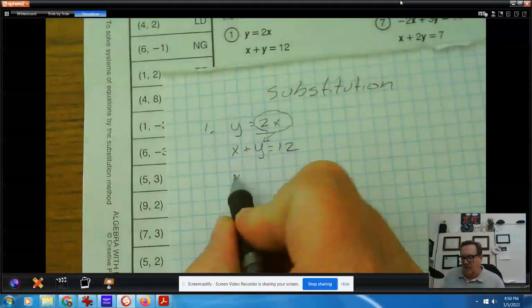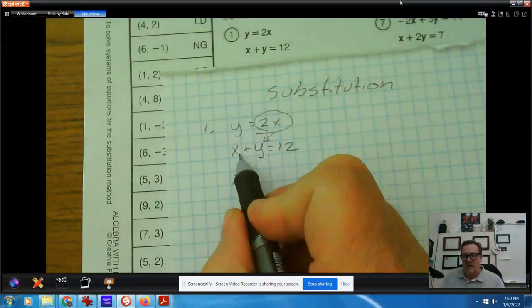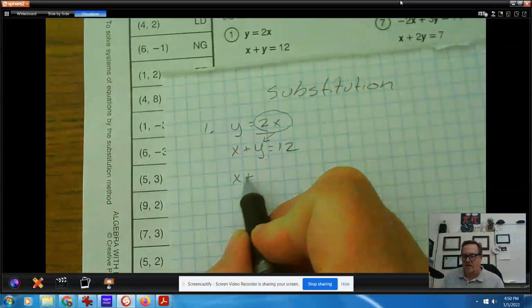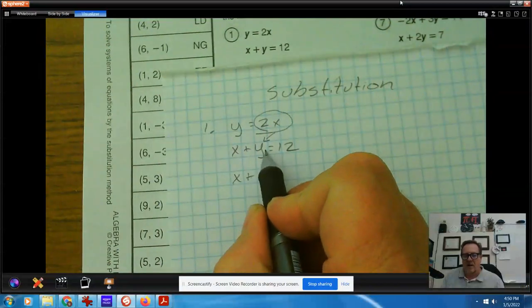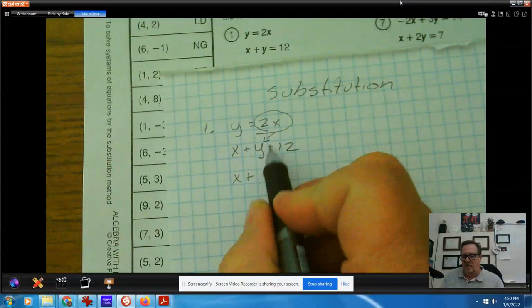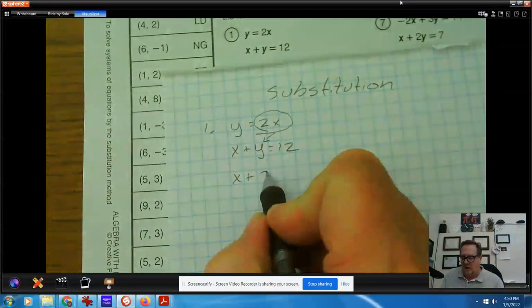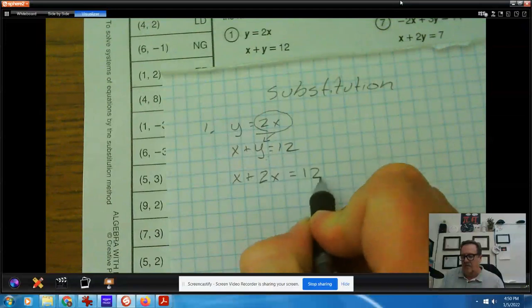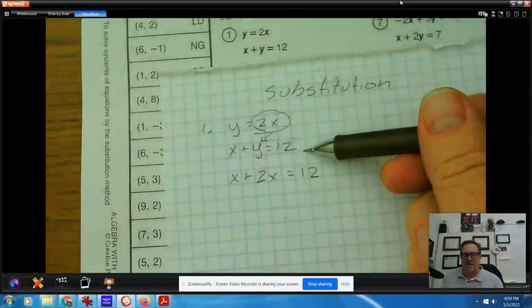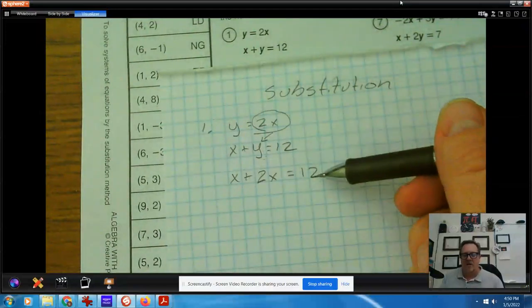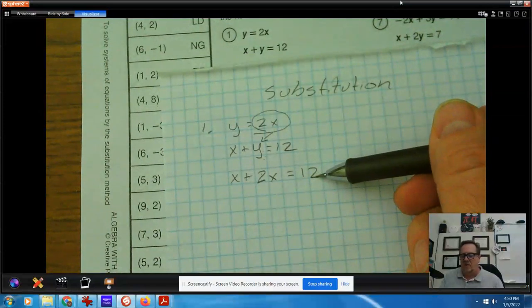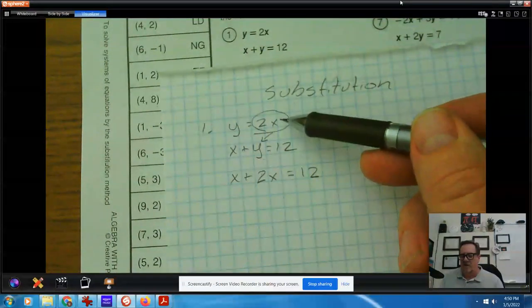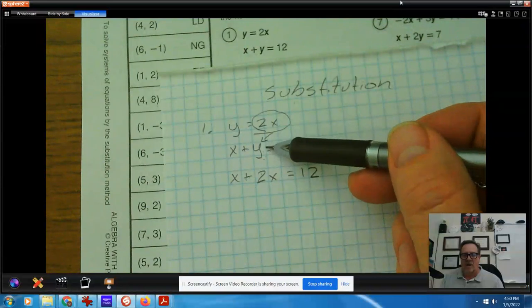The end result will be the same. In other words, I can say x, that came from here, x plus, now I'm not going to write y, instead I'm substituting in 2x. And I have my equal sign, and I still have 12. So I've rewritten this second equation.